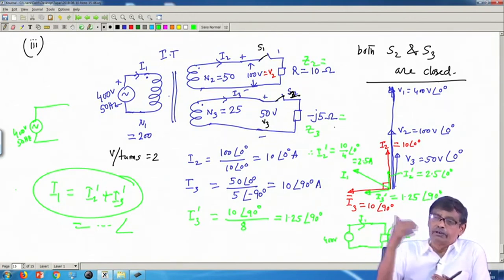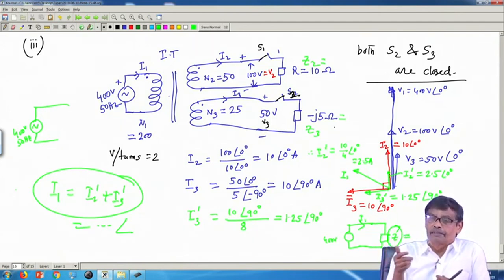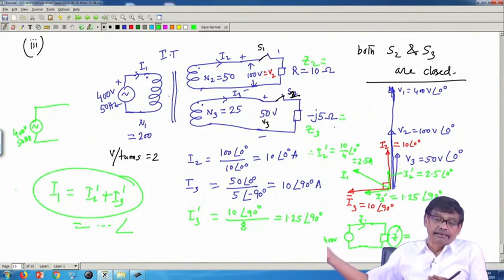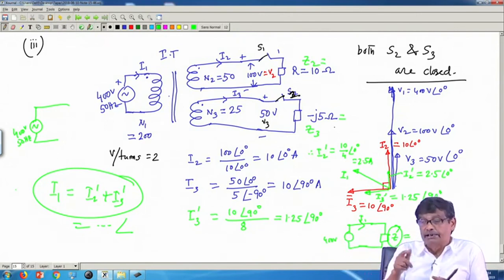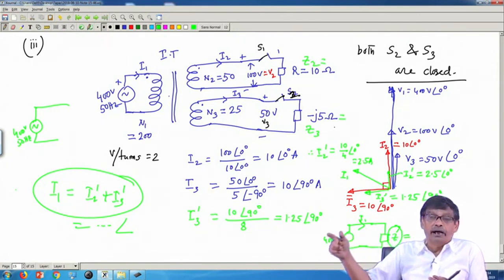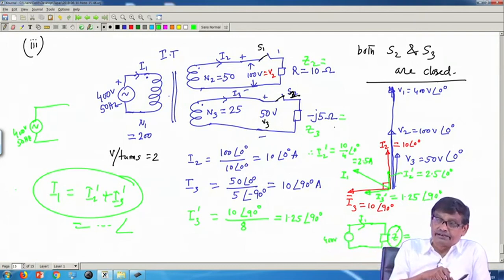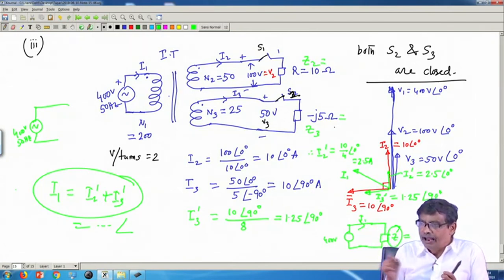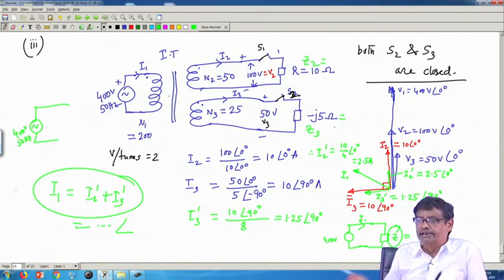So, I 2 dash will be I 2 by A. What is A? A is N 1 by N 2. Similarly, if there is another coil supplying another load wound on the same magnetic core, if you know I 3, there will be I 3 dashed here, such that the flux remains the same. And how to calculate I 3 dash? It will be I 3 by the turns ratio between the primary coil and this other coil, that is N 1 by N 3 now.